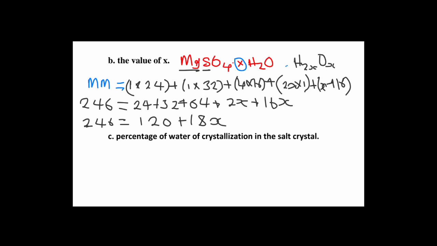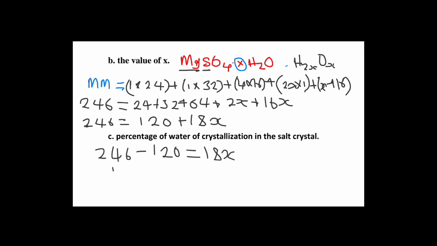We collect the like terms. We are going to transpose 120. So we are going to have 246 minus 120 equals 18x. When we subtract 120 from 246, our final answer will be 126.